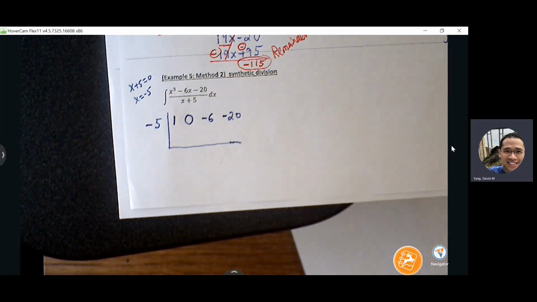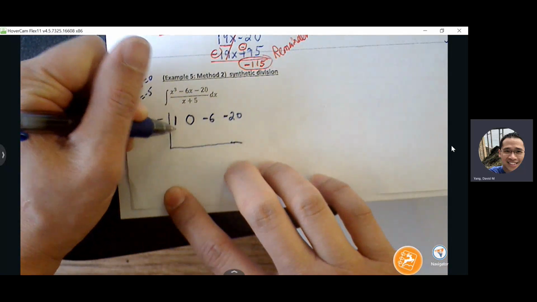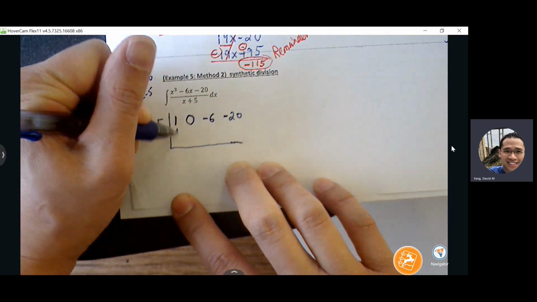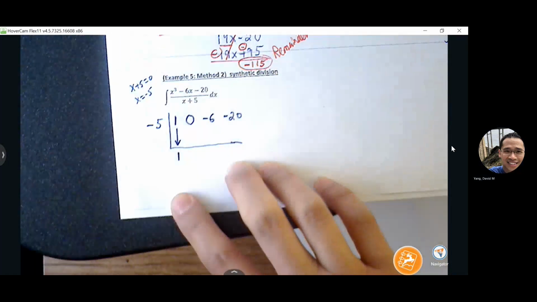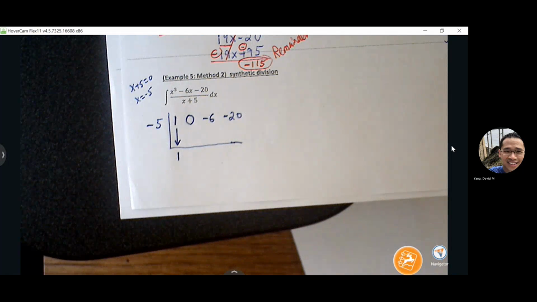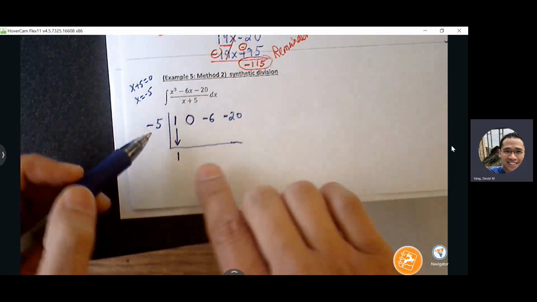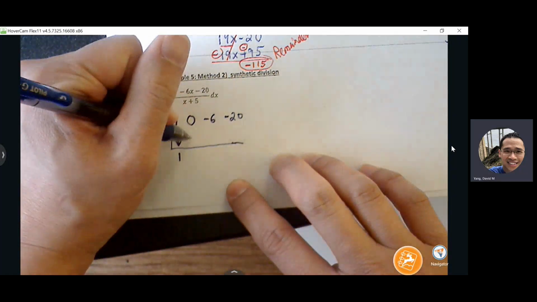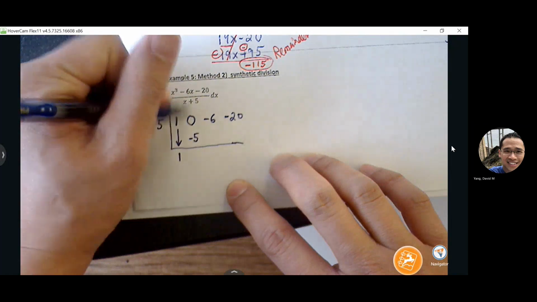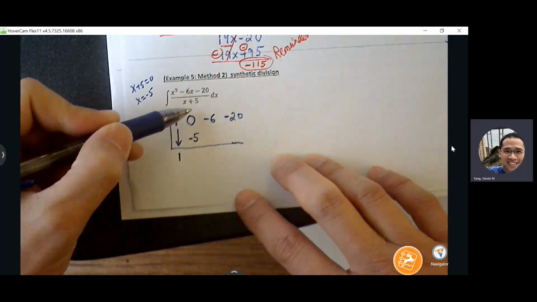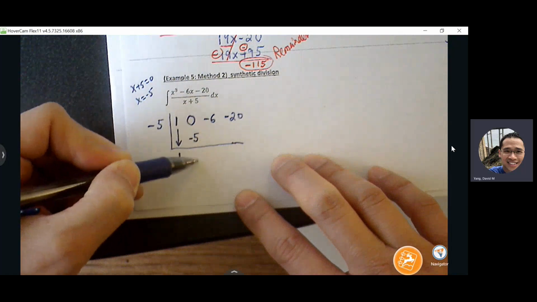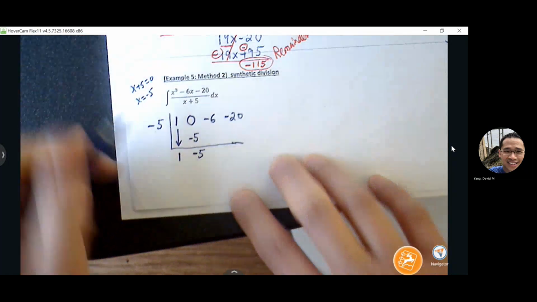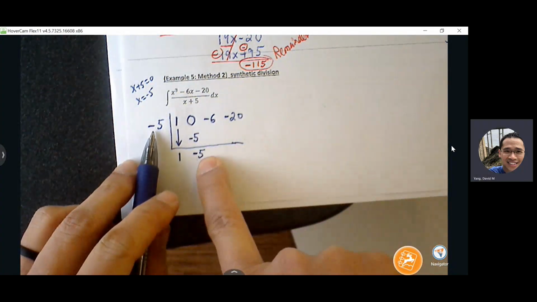Now, the first thing we do is always take the number inside, going from left to right. The first number inside the half box, you drag it down below the line. Now you're going to multiply with the outside number. -5 times 1 is -5. You put that on the second row, and then you add. So 0 minus 5 is -5. Put that below the line. Next, multiply.